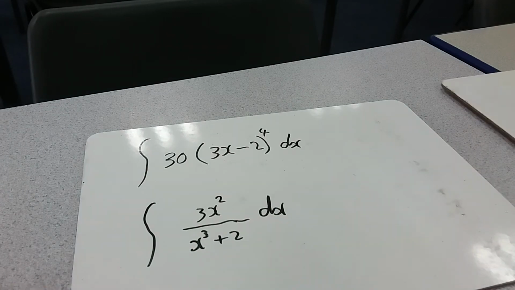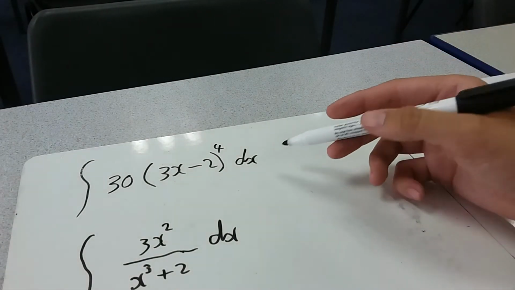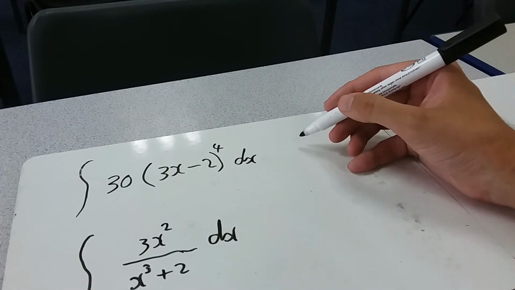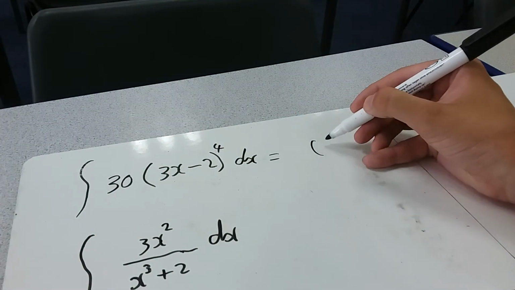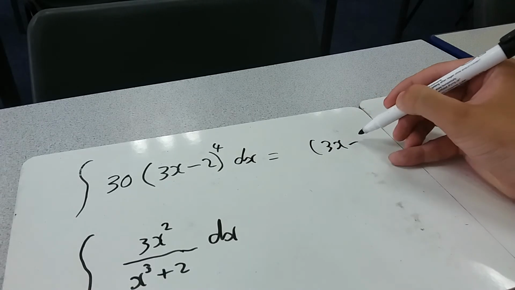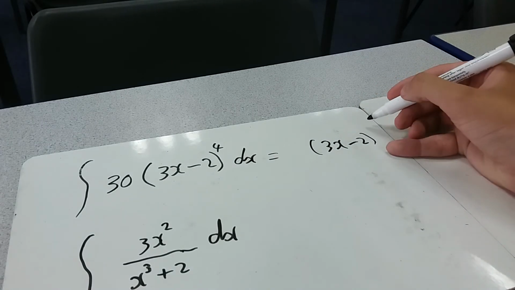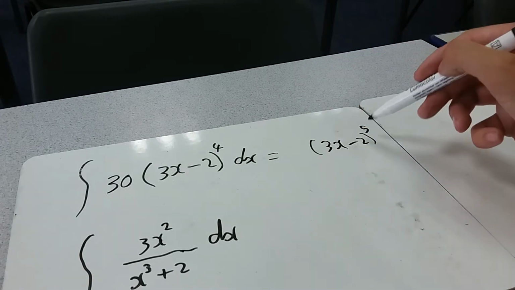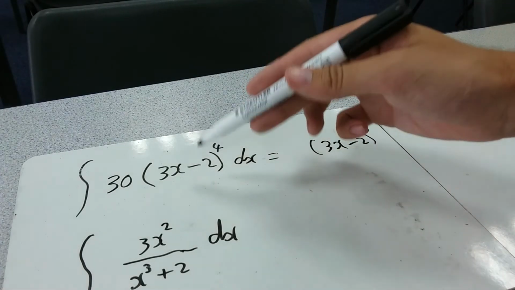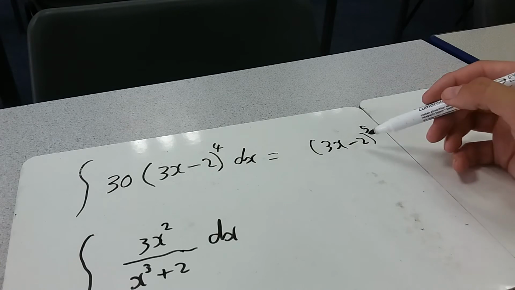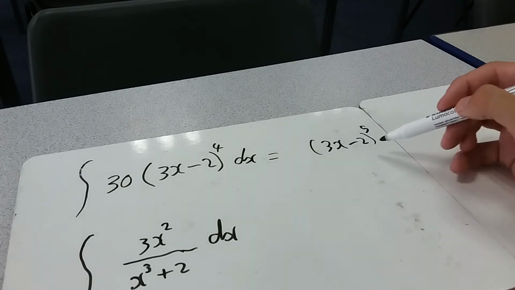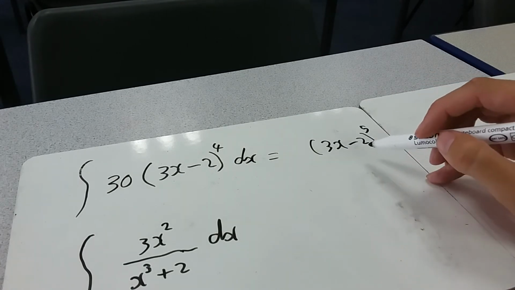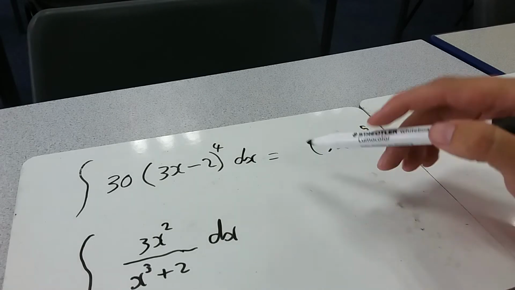Okay, let's look at that first one. So, this thing here, what we're looking at is something along the lines of this bracket in here, 3x minus 2, we want to have 1 power greater than the power over here, because if we differentiate this, we get this. So we integrate, we're adding on to the power. Well, this thing here, if we try differentiating in our head, we times down by the 5.